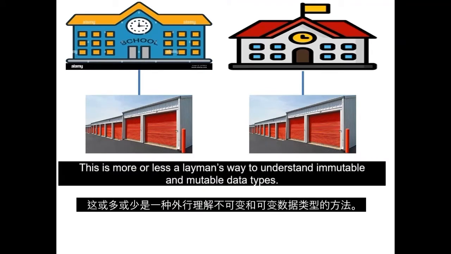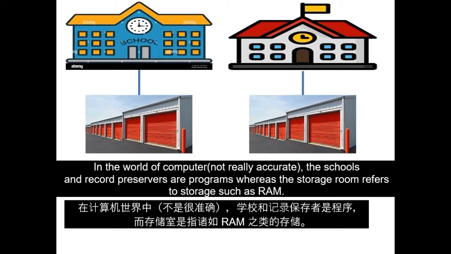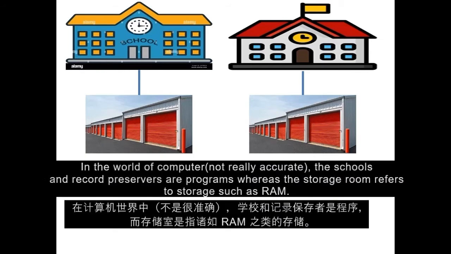This is more or less a layman's way to understand immutable and mutable data types. In the world of computers, this is not really accurate: the schools and record preservers are programs, whereas the storage room refers to storage such as RAM.